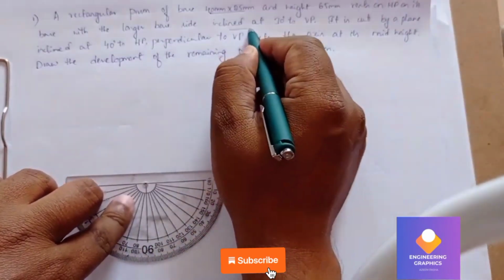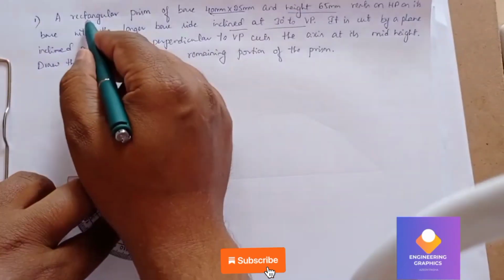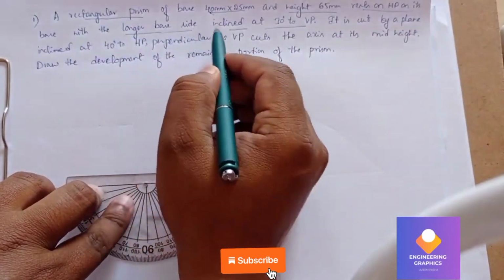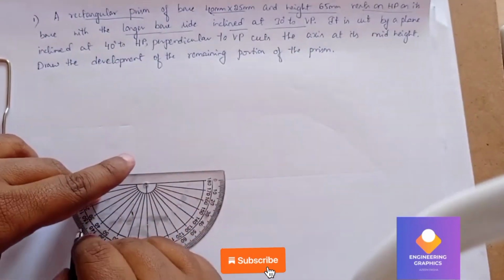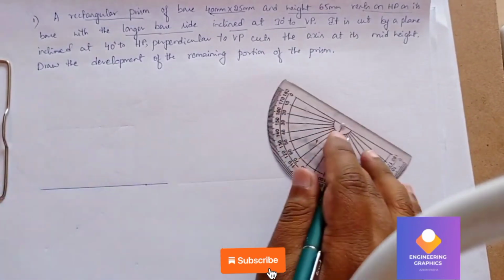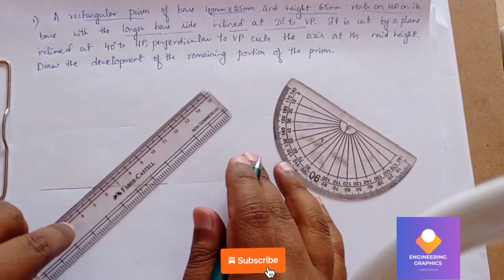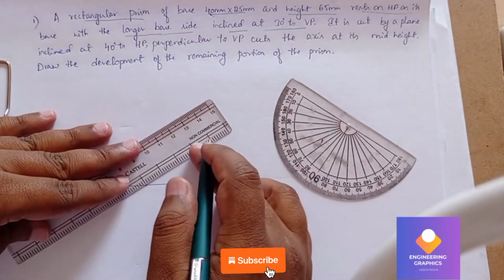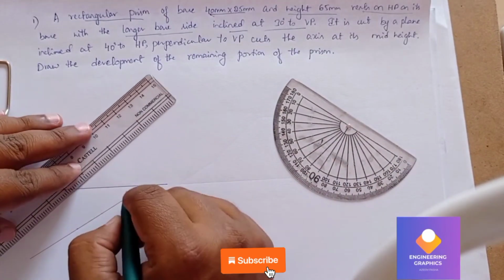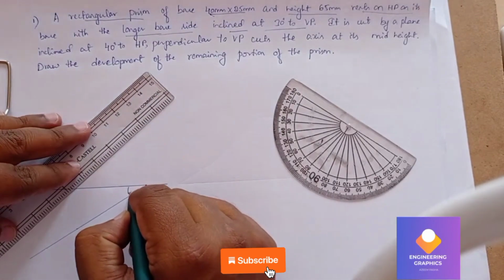So you can see 30 degree to VP. It is a rectangular prism we need to construct, placed with the longer side, that is 40. So mark the 30 degree angle, and draw a line passing through this 30 degree angle point. And show the angle 30 degree.